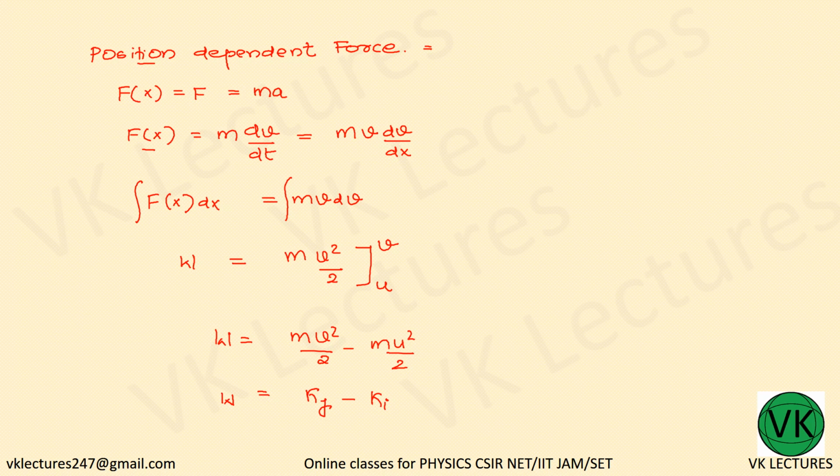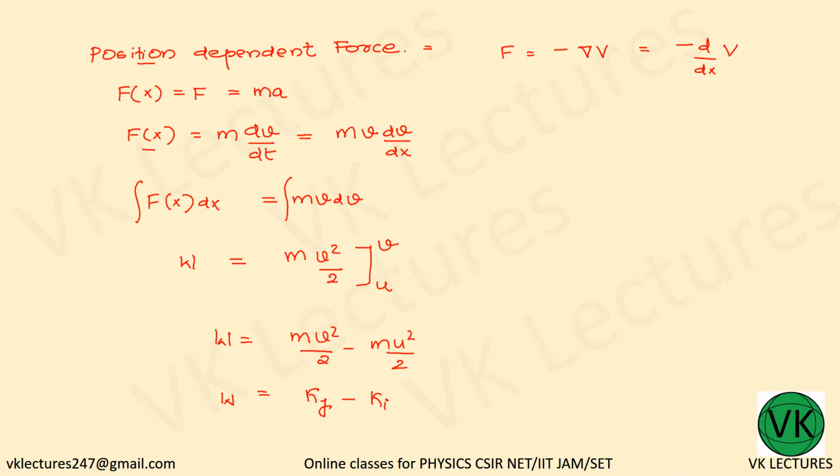And moreover, F is equal to minus del V, the gradient of the potential energy. Since we consider a single direction, you can write minus d by dx of V, where V is the potential.